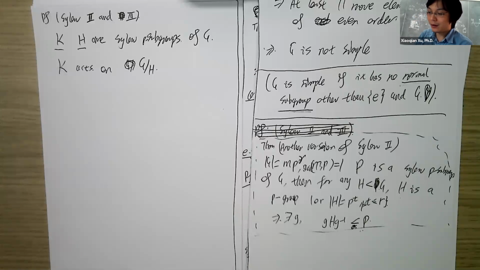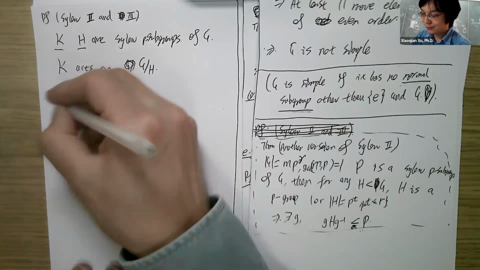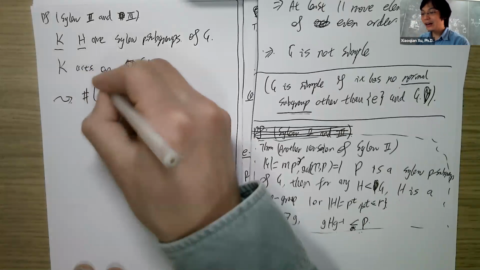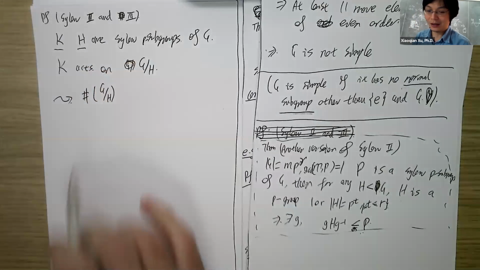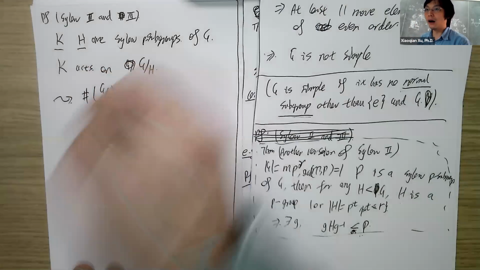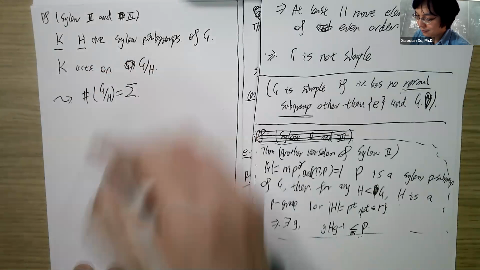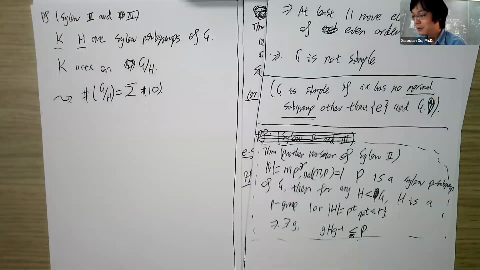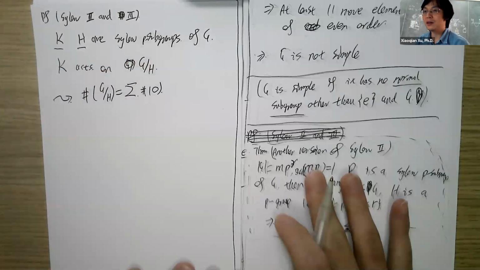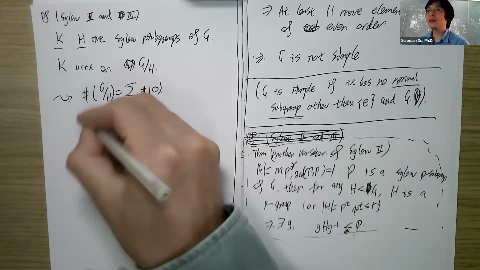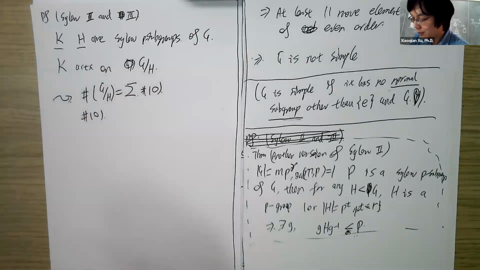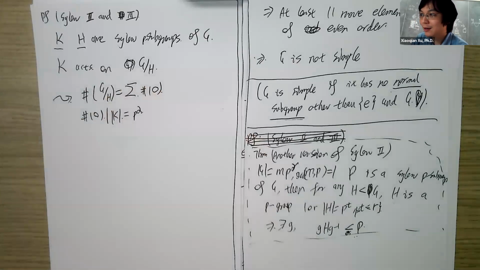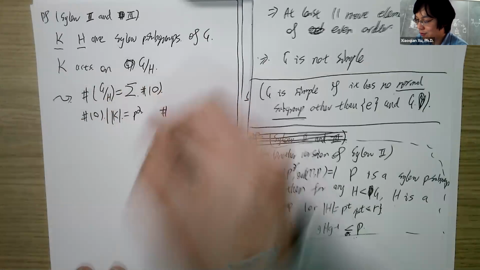Then if we do it like this, we will have our counting formula. The number of elements of G over H is equal to the summation of all the orbits. And the size of each orbit is always a divisor of the order of K, which is P to the alpha. But what is the number of elements of G over H?